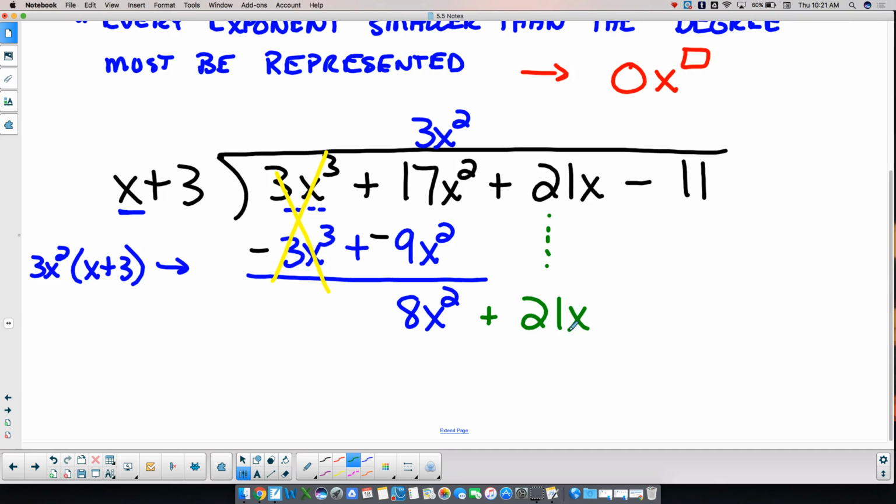Now, instead of making x look like 3x cubed, I'm going to make x look like 8x squared. So what do I have to multiply x by to get 8x squared? Jenna? 8x. And so I'm going to put plus 8x there.